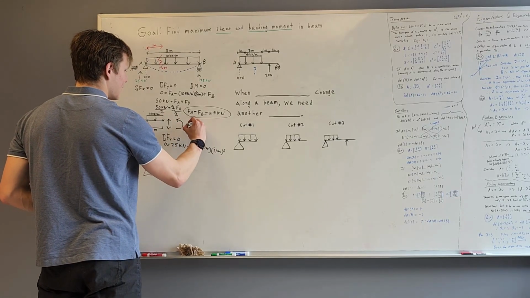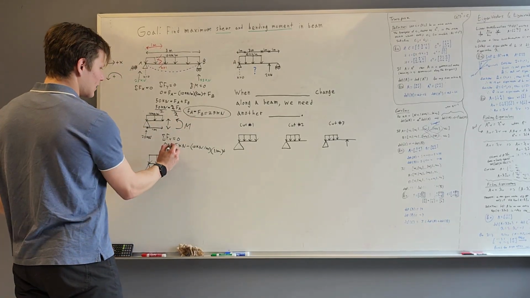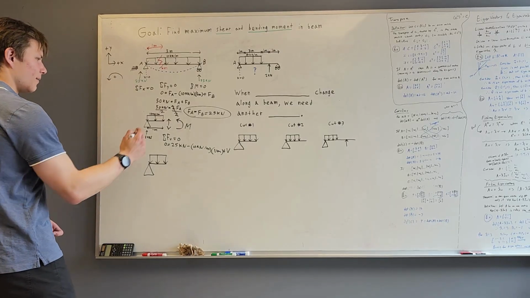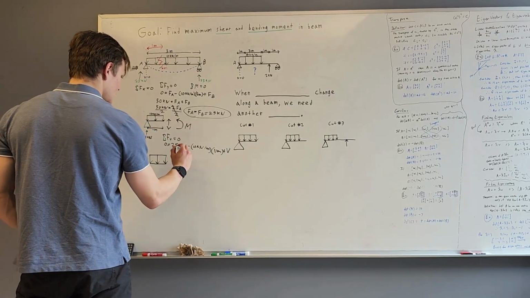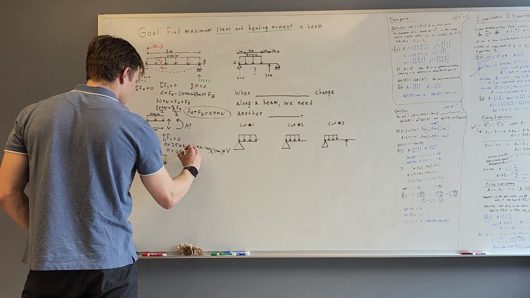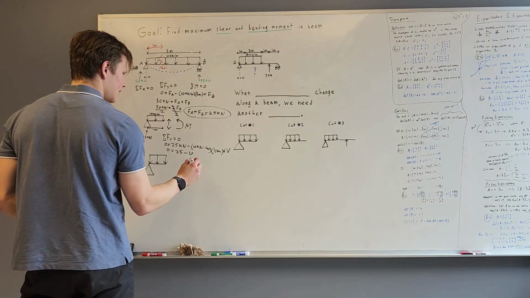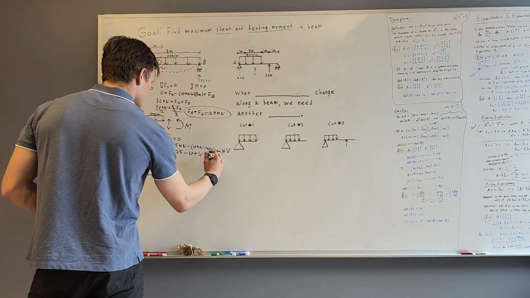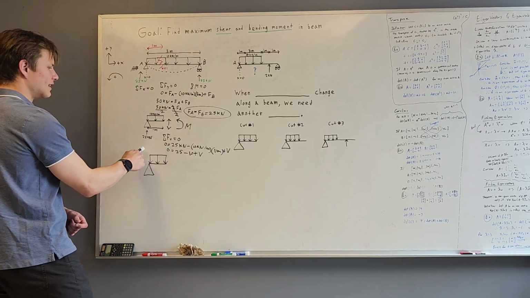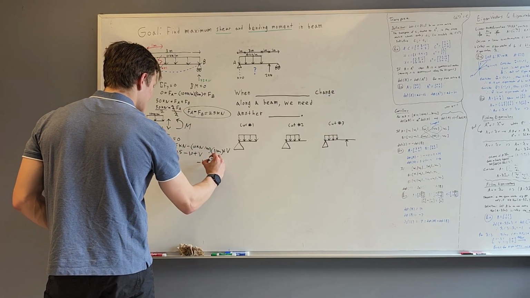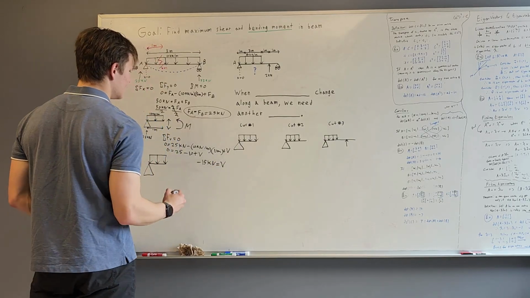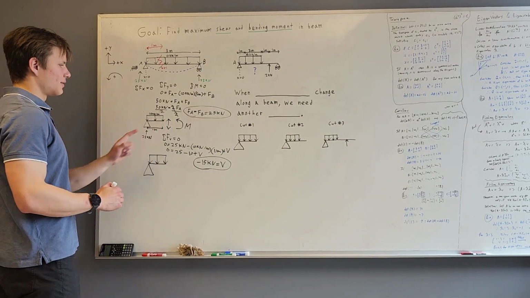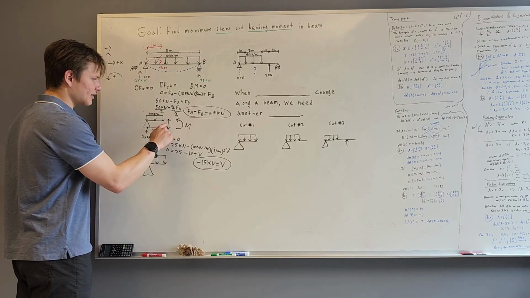And let's label this moment as M. V and M. So we have 25, take away 10 kilonewtons per meter times 1 meter, plus V. Now we can simply isolate V. So we have 0 equals 25, take away 10, because 10 times 1 is 10, plus V. That would just be 15, and we move 15 to the other side, and we get negative 15 kilonewtons is equal to V. The negative sign in this case actually means that this arrow we initially drew for our shear is in the wrong direction.